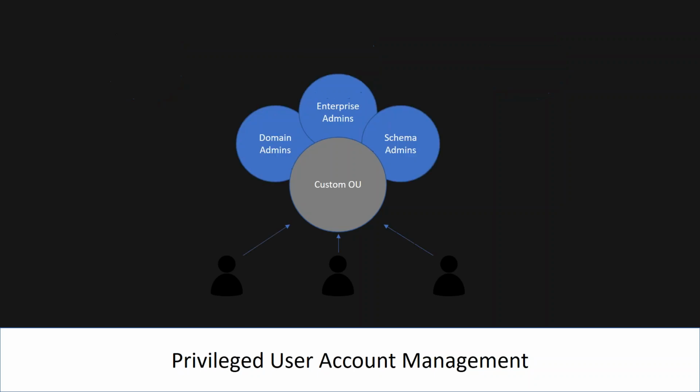So these three privileged groups, you can see on the next slide, they will be put into this custom OU, and the directory service management accounts that you can see at the bottom of the slide, they will have specific permission on this custom OU to populate these three privileged groups: domain admins, enterprise, and schema admins. And that is the only function of the directory service management accounts. They can't do anything else. They can just add and remove users from these three privileged groups, and that is it. And that is their purpose.